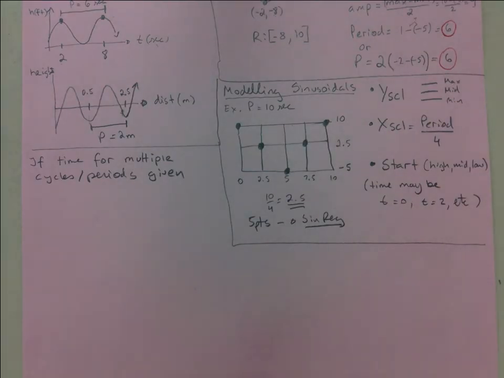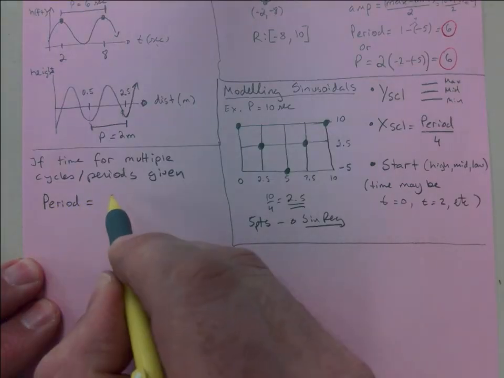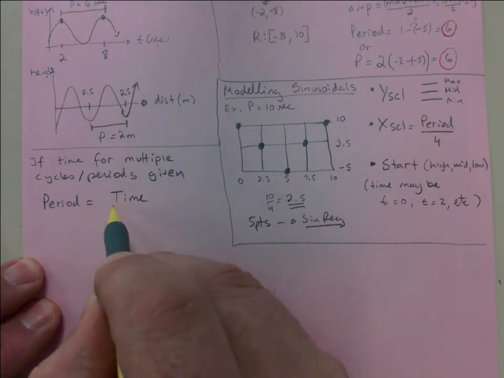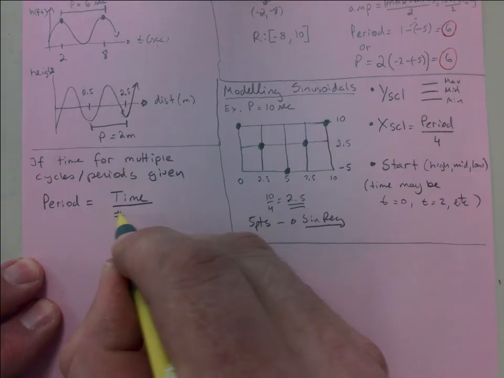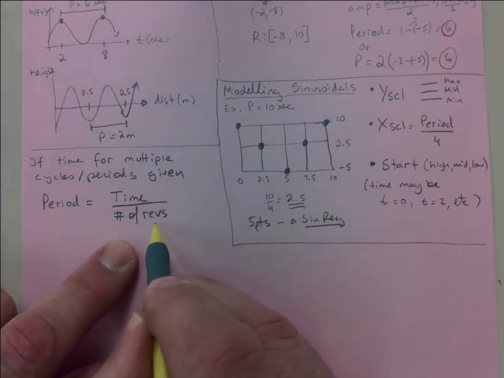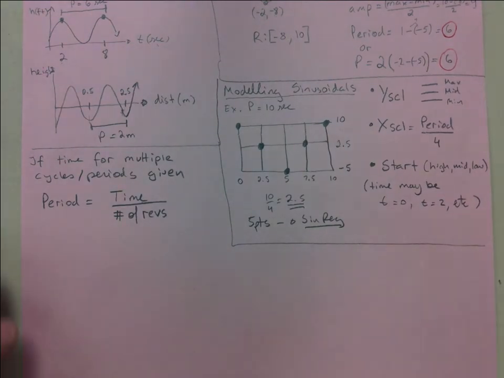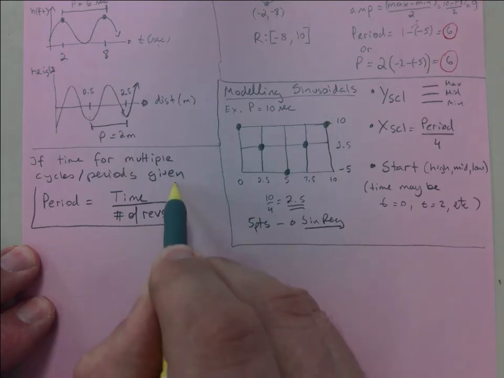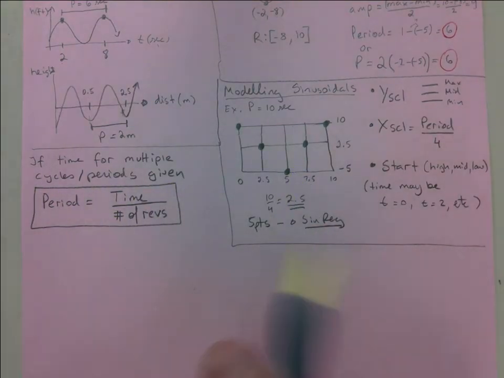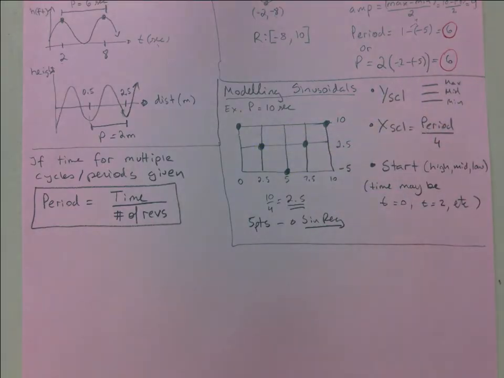We just want to focus on one. So then the period is going to be time divided by number of revs, or number of repetitions, revolutions, spins, full cycles. So you kind of have to do this before you proceed to do your, I call this like a guitar chord.